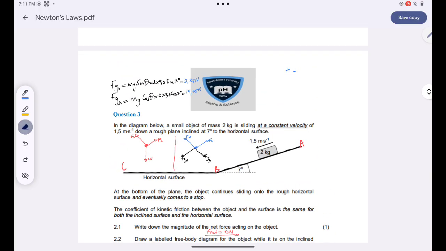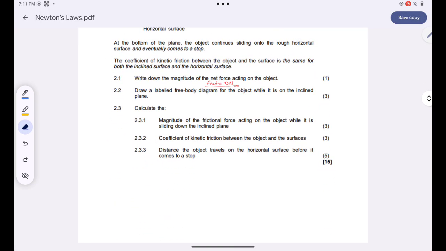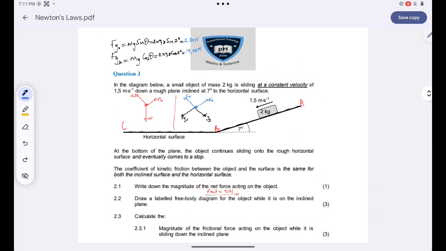Okay. To answer this question, we are simply going to say F net is equal to ma according to Newton's second law of motion, right? We only have two forces there, guys. There's FG parallel and kinetic friction. Please, guys, always choose the direction of motion as positive.